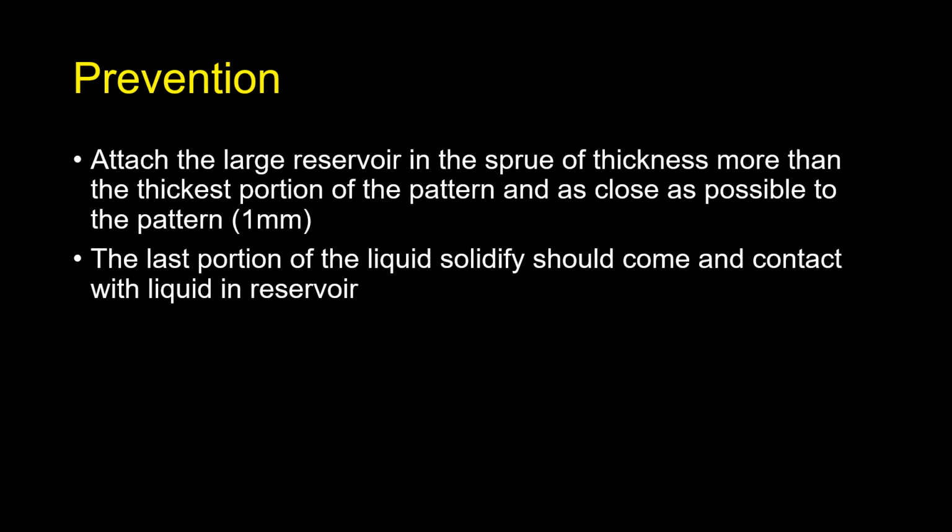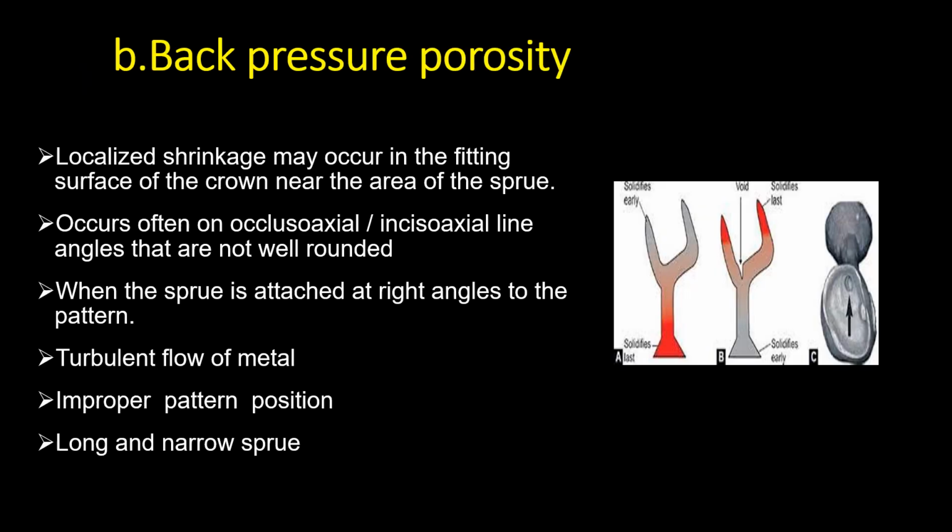We need to attach a large sprue, equal to the sprue thickness, very close to the wax pattern, about 1 millimeter from the wax pattern. This will prevent the solidification shrinkage. As the metal solidifies from the pattern, it will make direct contact with the reservoir so that we can avoid this localized shrinkage porosity.